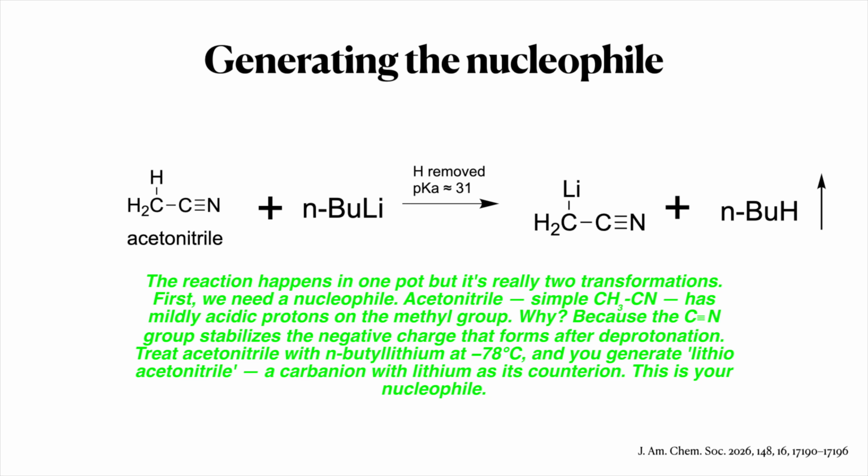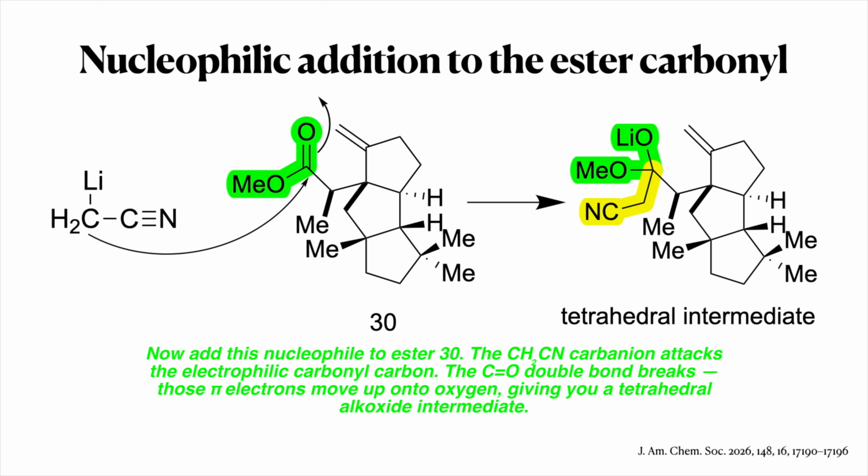This is your nucleophile. Now add this nucleophile to ester 30. The CH2CN carbanion attacks the electrophilic carbonyl carbon. The C=O double bond breaks. Those pi electrons move up onto oxygen, giving you a tetrahedral alkoxide intermediate.